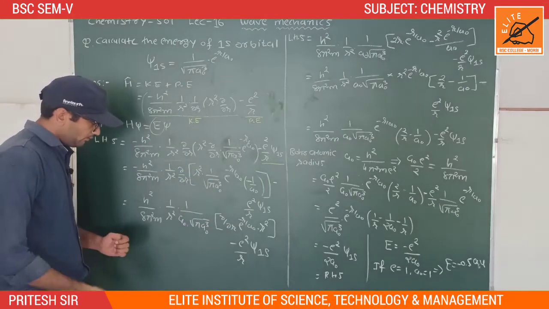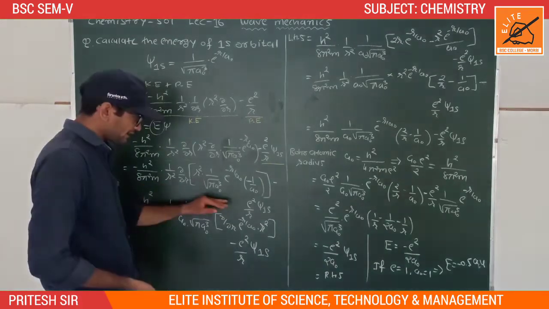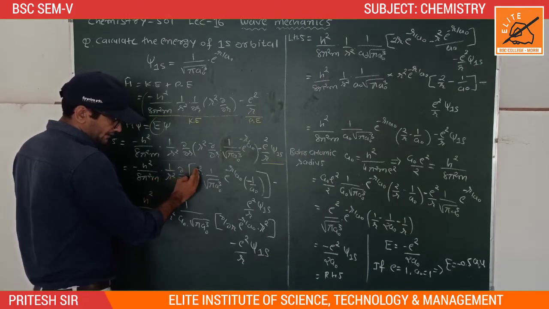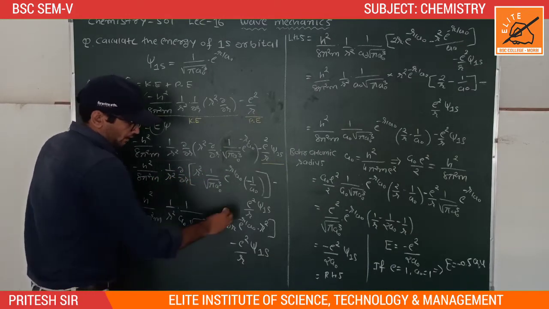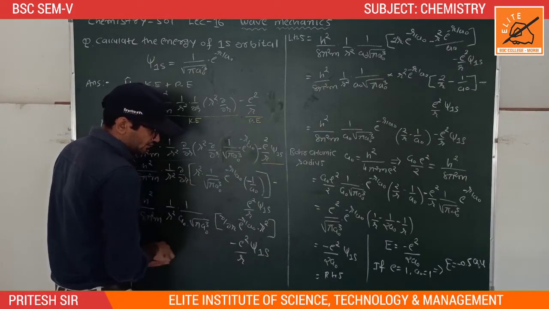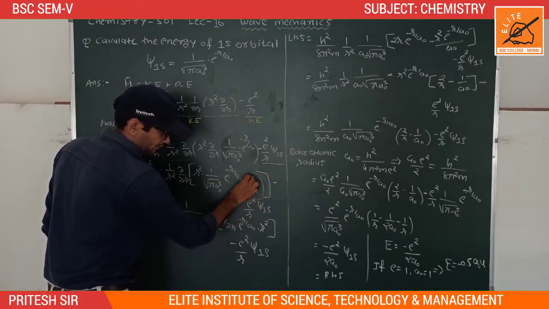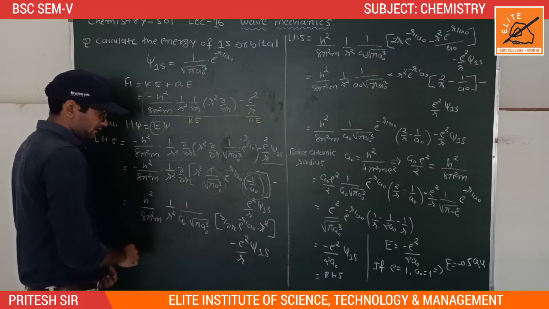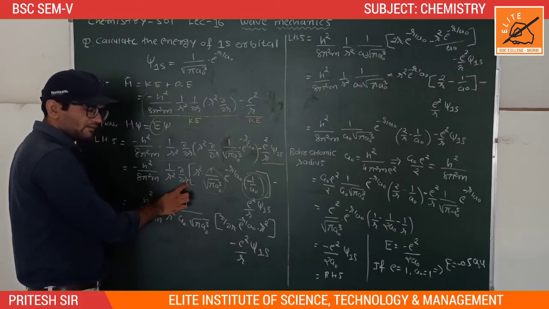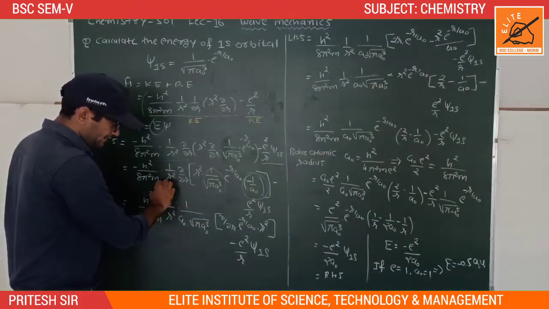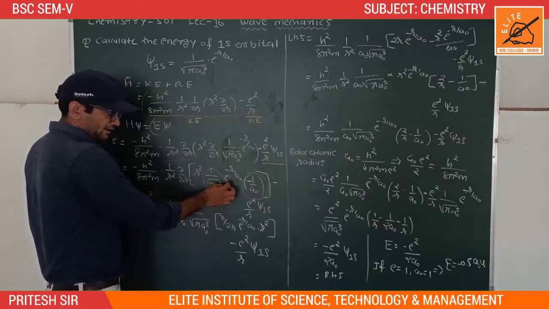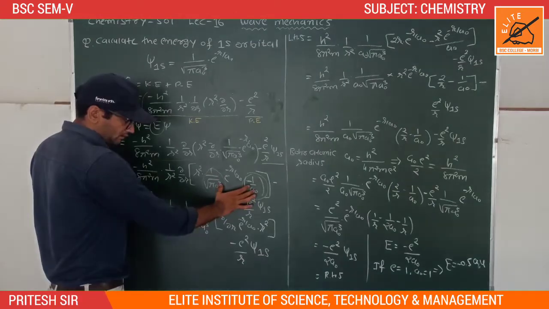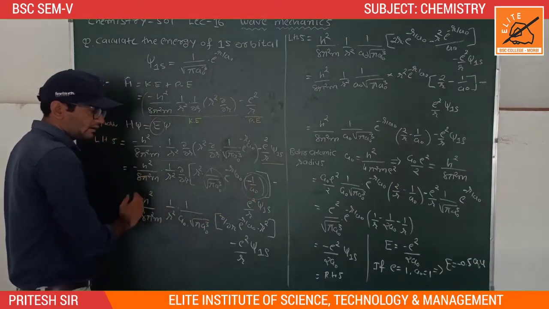Okay, so now in the first term all terms are in multiplication. So first, minus a upon a0 is a constant, and 1 upon under root pi a0 is constant, for differentiation with respect to the variable r. The only variable terms are r square and e to the power minus r upon a0, so these two terms are constant and go outside of the differentiation.